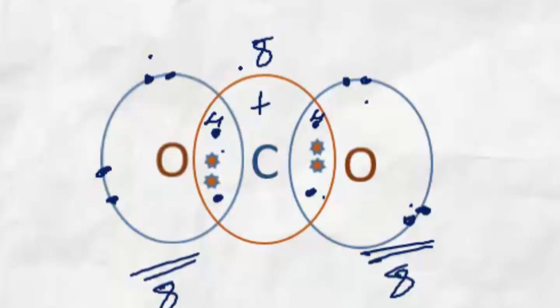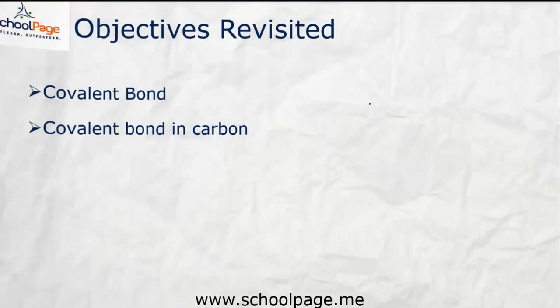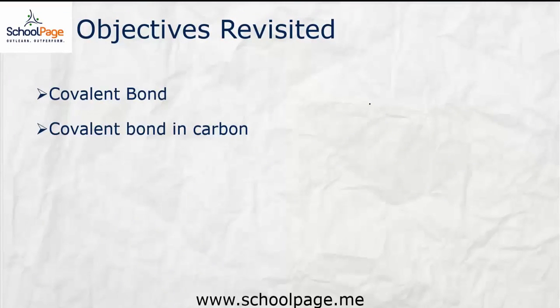Even the carbon obtains the octet configuration. So, by sharing pairs of electrons among each other, both oxygen and carbon obtain the octet configuration, which is the noble gas configuration, and hence become stable. Now, you are familiar with the nature of covalent bond and the covalent bond formed in carbon.